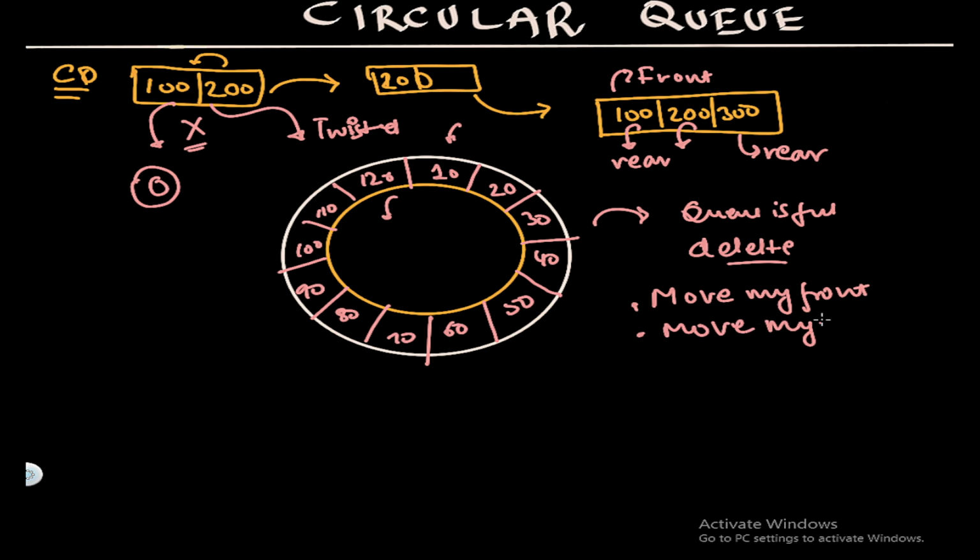Now understand something over here. My front is not always 0. This is the main thing you want to learn in the circular queue: front is not always 0. Now this is my front, after deletion, and this is my rear now.